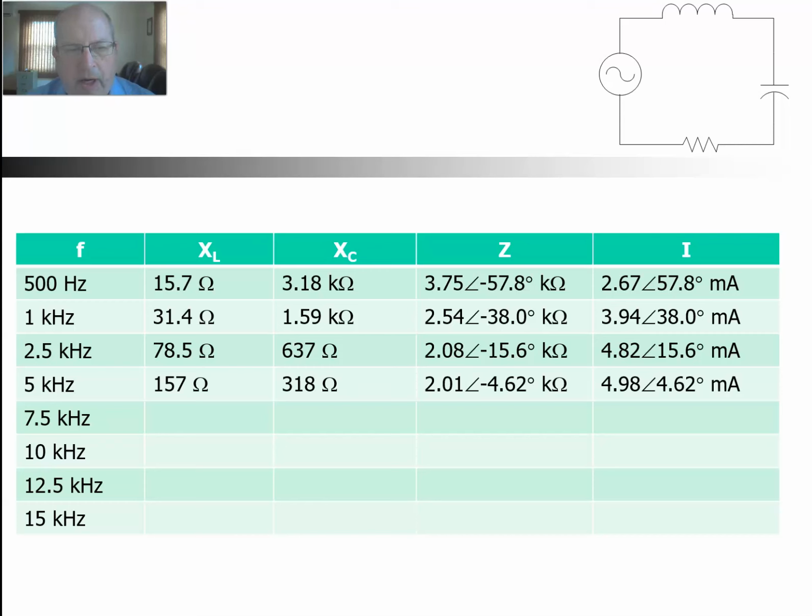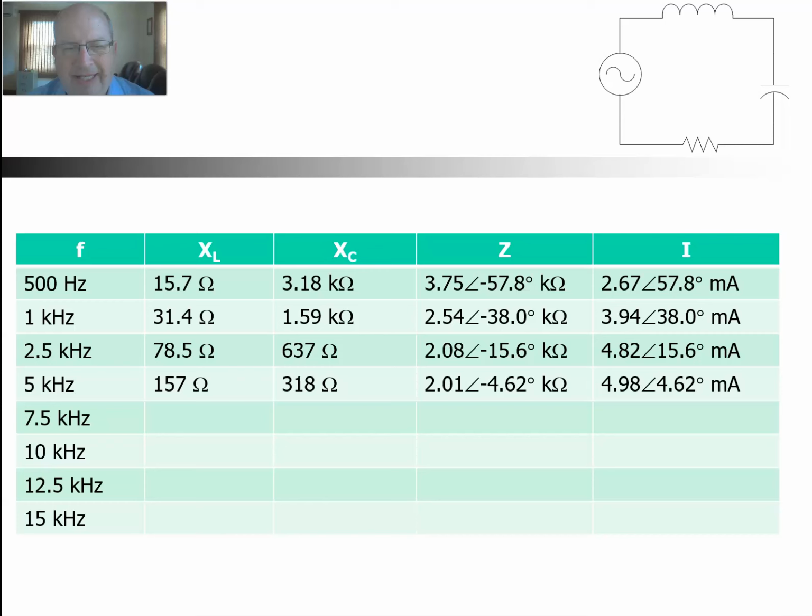One thing you can notice here is X of L is proportional to frequency. So when we move from 2.5 kilohertz to 5 kilohertz, that is twice the frequency, so X of L is twice the value. 78.5 multiplied by 2 gives you 157.